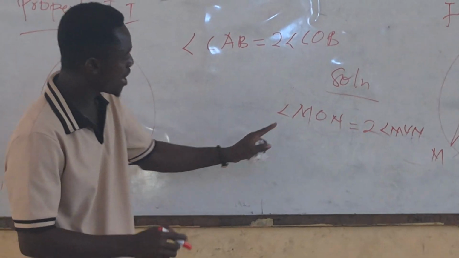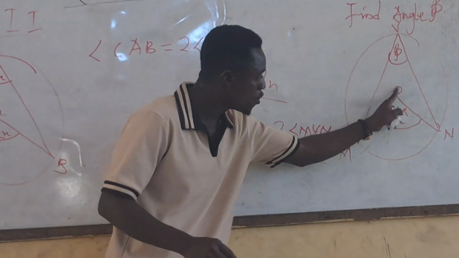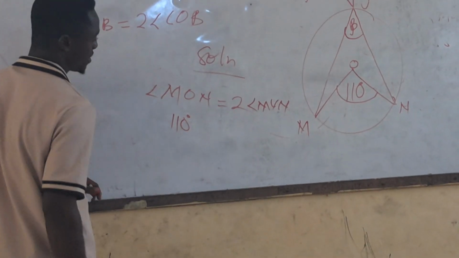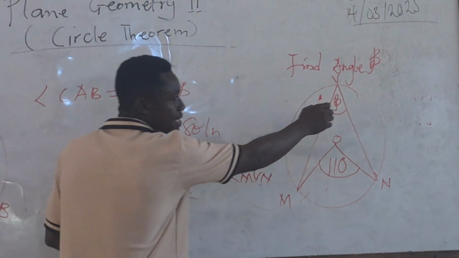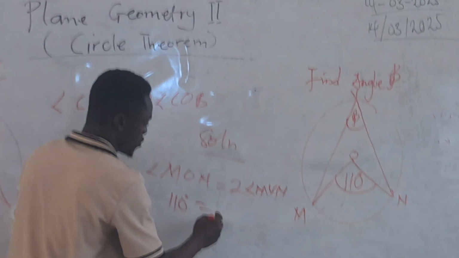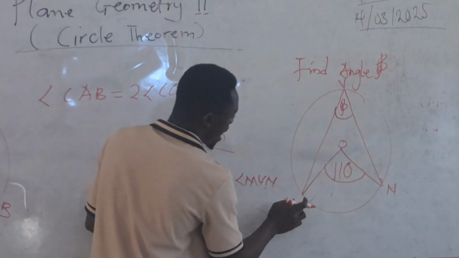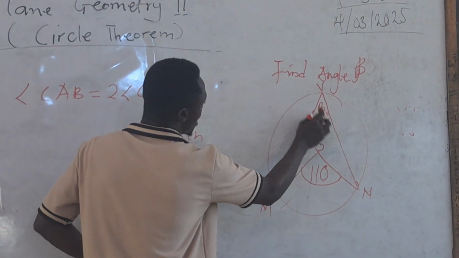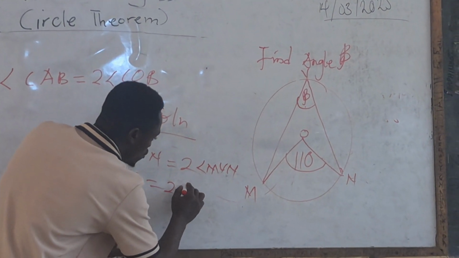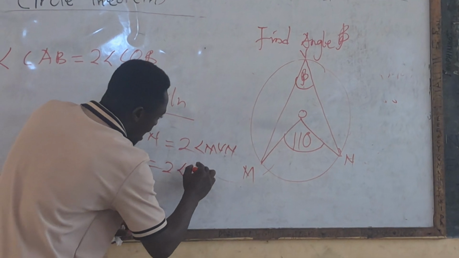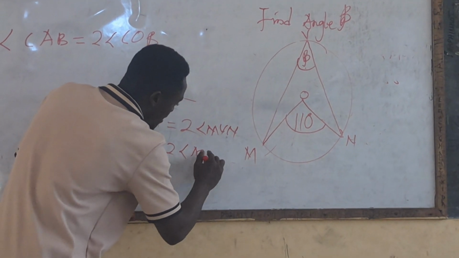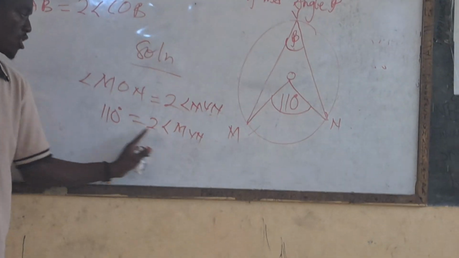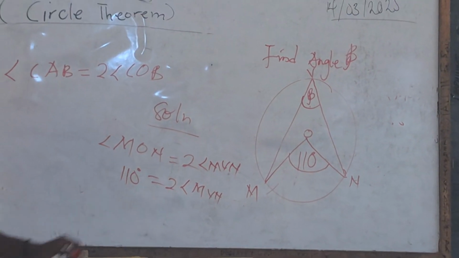So what is angle MON? MON is the angle at 110 degrees. This is twice the angle obtained at the circumference, which is twice angle MBN, which is beta we are looking for. So we want angle MBN, not 2MBN. So what do we do?